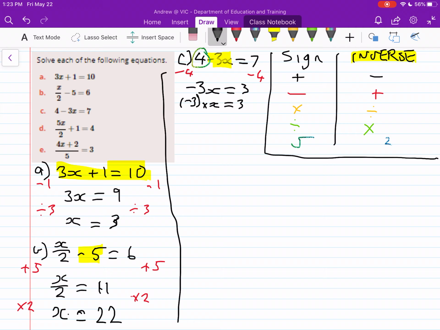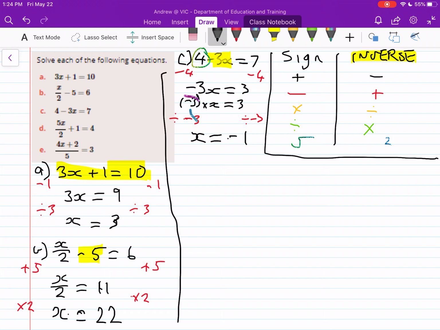We need to divide both sides by negative 3. These negative 3's cancel out, so it just leaves our x there, and this is equal to 3 divided by negative 3, which is negative 1.